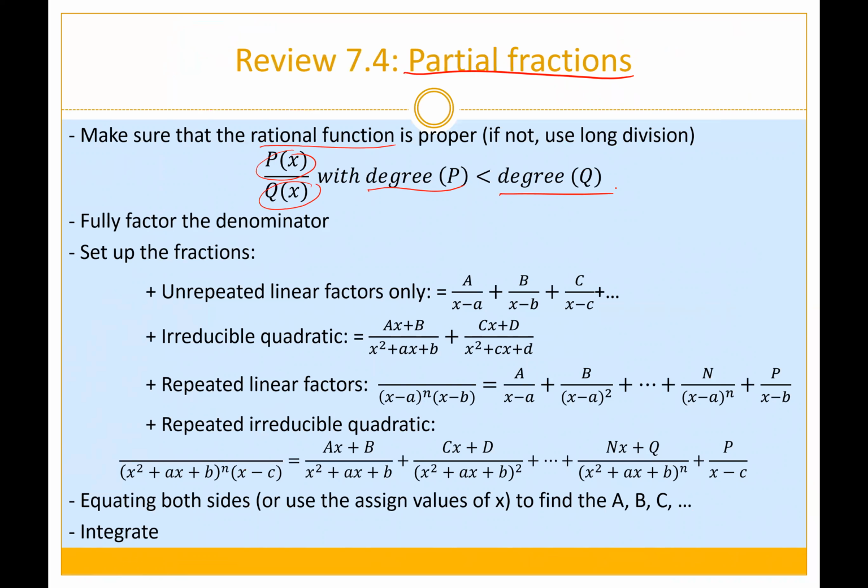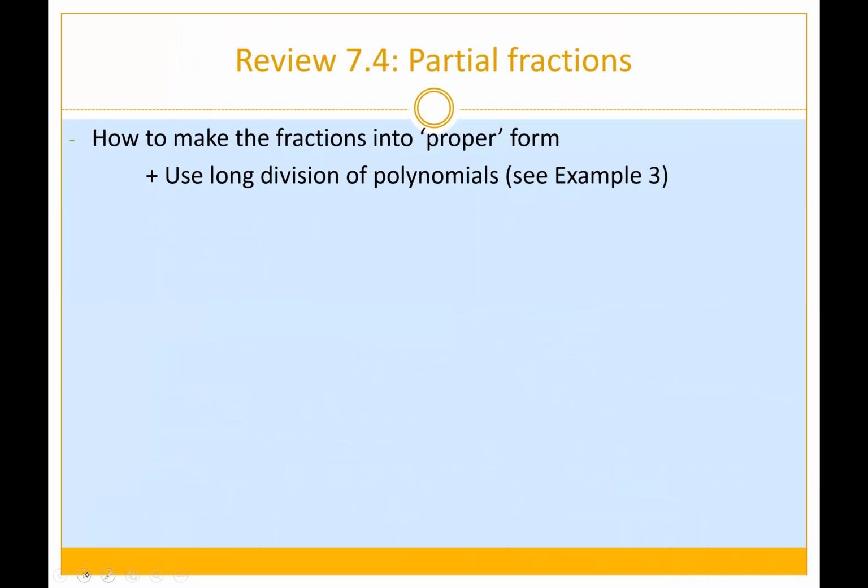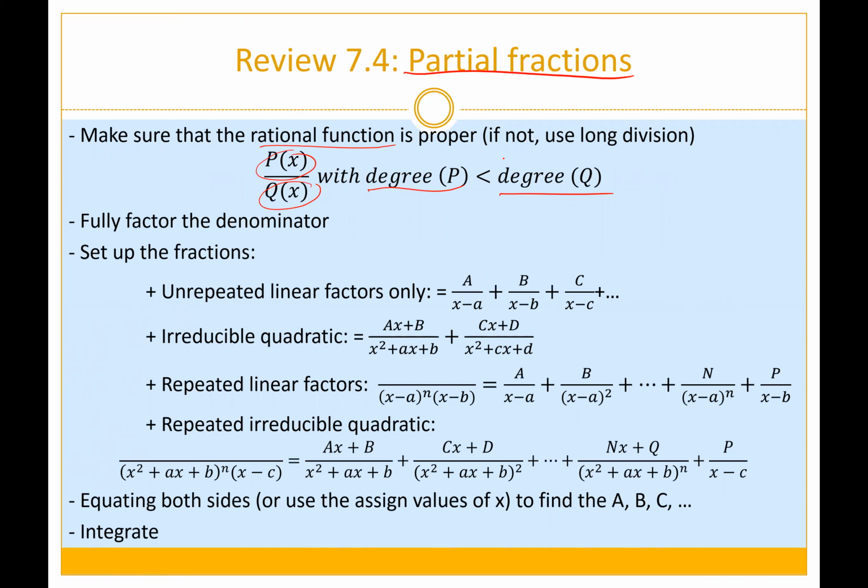When it's not in that proper form, then we have to use long division of polynomials. So divide the numerator by the denominator until the highest degree in p is smaller than the highest degree in q. Then we can use partial fractions.